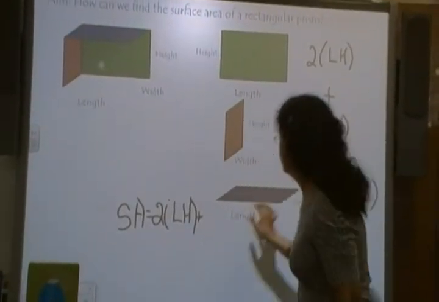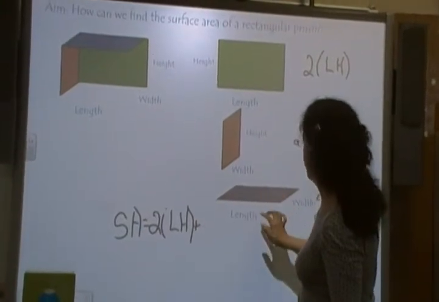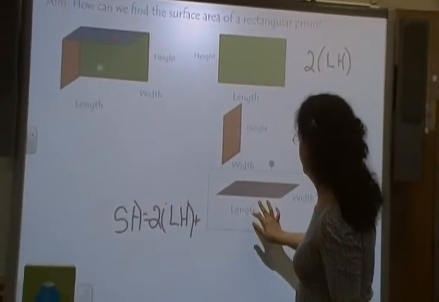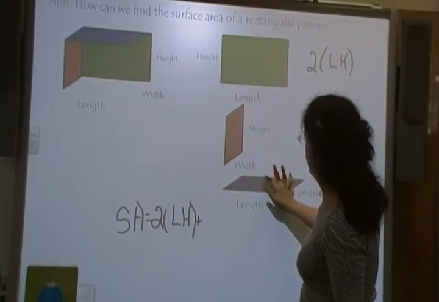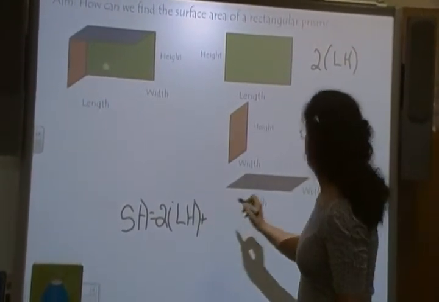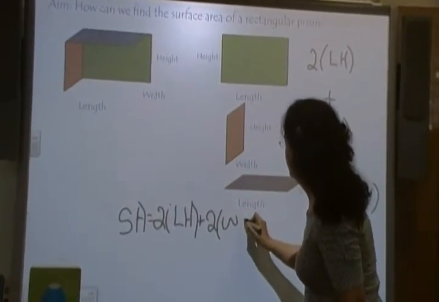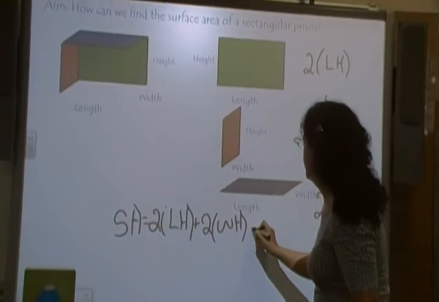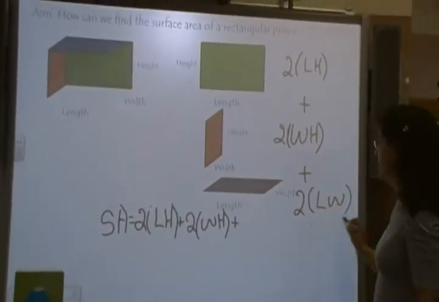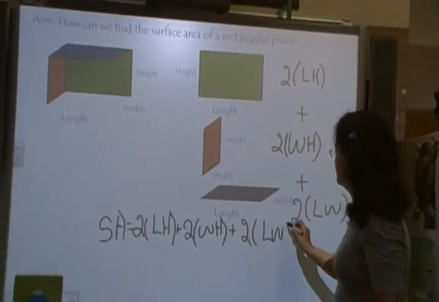Okay, let's move this up a bit so we have some room. Okay, plus 2 times width times height, and then our third pair, which is 2 times length times width.